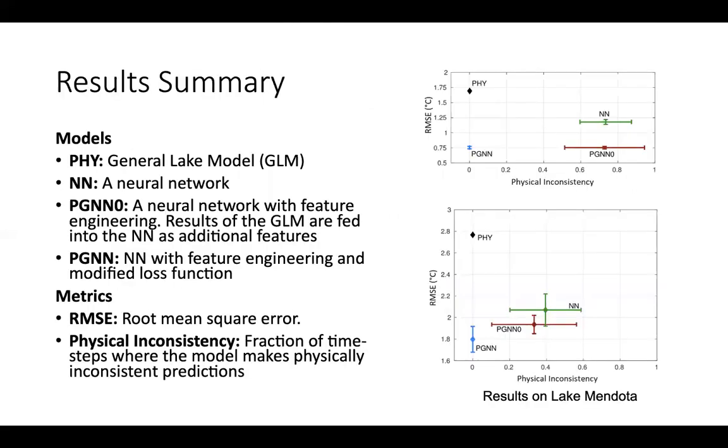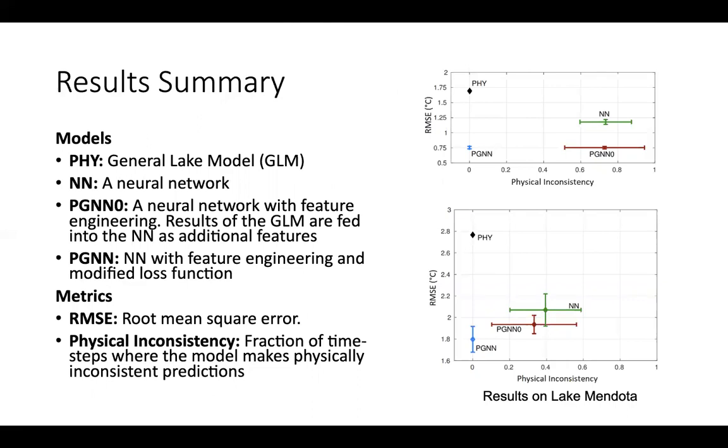So these are the results from two different lakes in Minnesota, Lake Mendota and Lake Mille Lacs. The main thing to focus on is the physics-based models. This is the classic physics-based model.